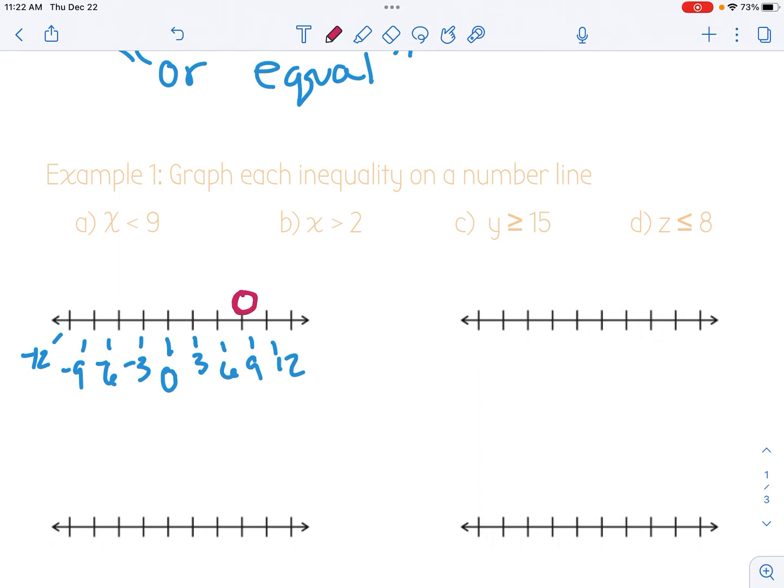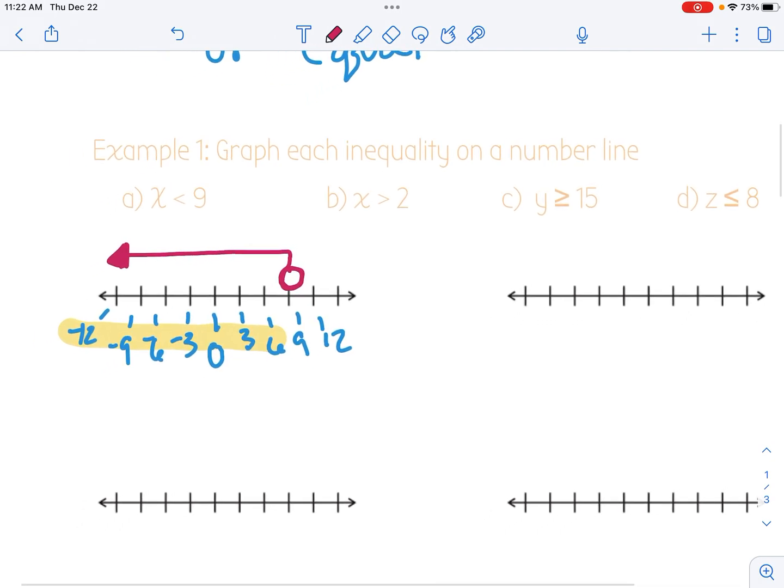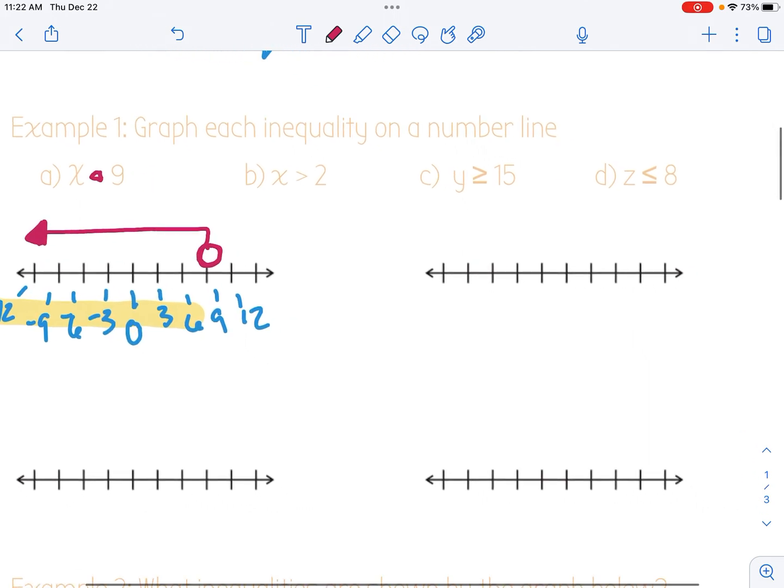All of my numbers that are less than 9 are to the left, so I'm going to point my arrow to the left to show that these are all of my options. The other hint is that you can close off the inequality sign, and it will show you what direction the arrow is pointing.